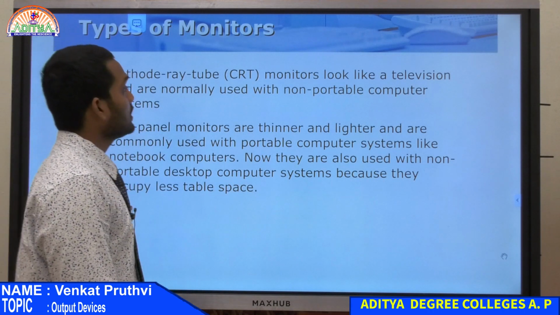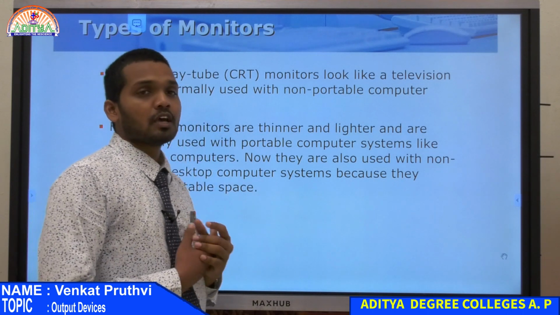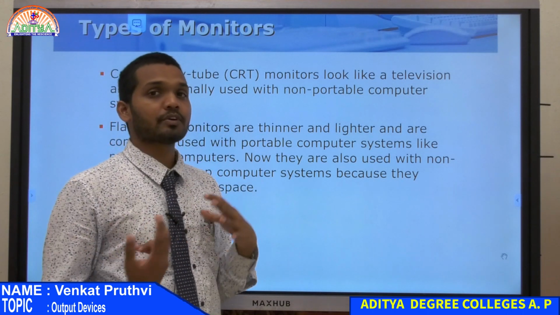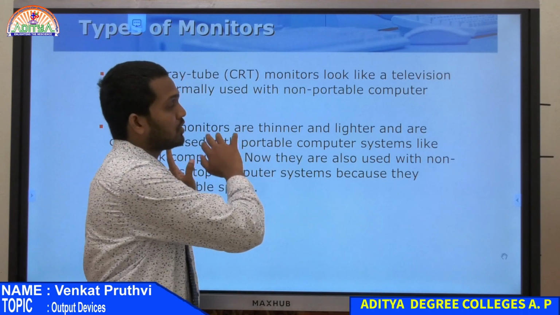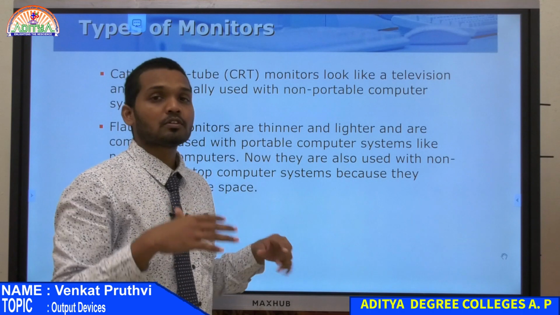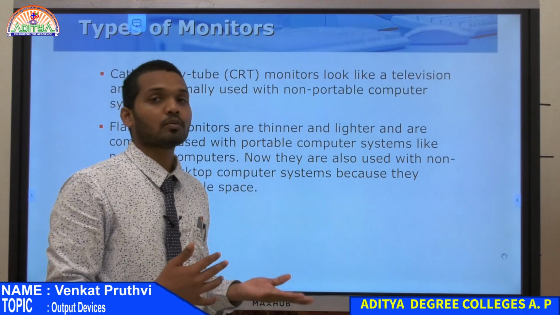Now what do you mean by non-portable systems? Non-portable systems in the sense your laptops are portable systems, whereas your desktop pieces are non-portable. That means you are not able to easily carry them wherever you want.